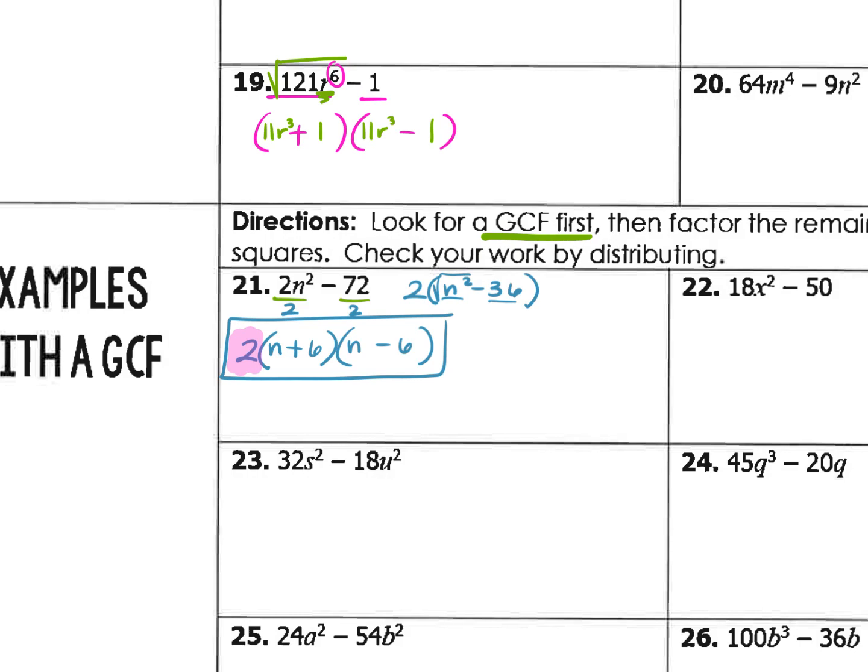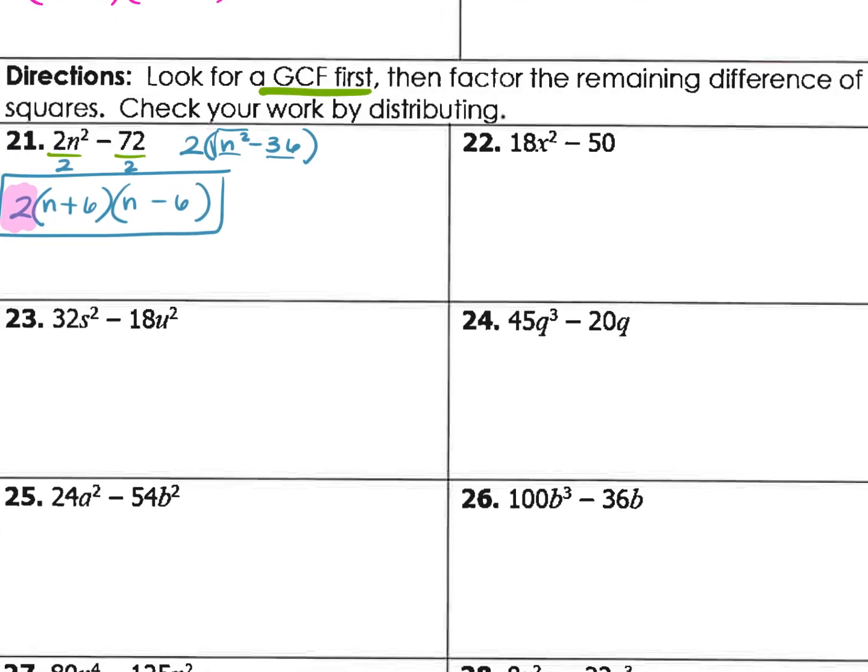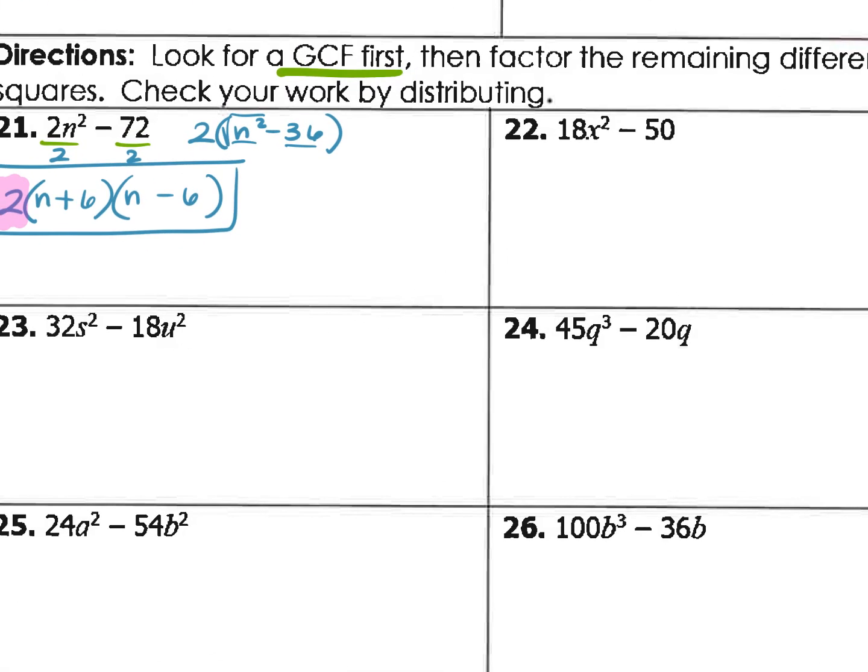Okay, go over to 24. Is there something that you can factor out before you do the difference of squares? A 5. Anything else? It's what you did yesterday.